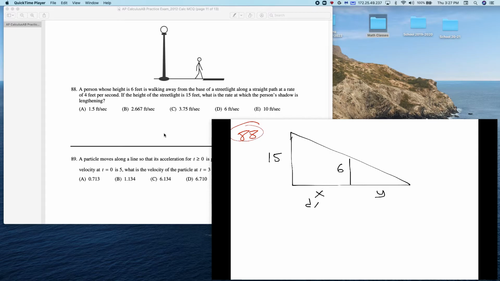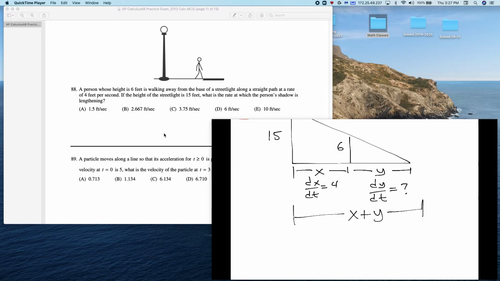They tell you dx dt is equal to 4, and the question is asking what dy dt is equal to. You know that this distance right here is x plus y.